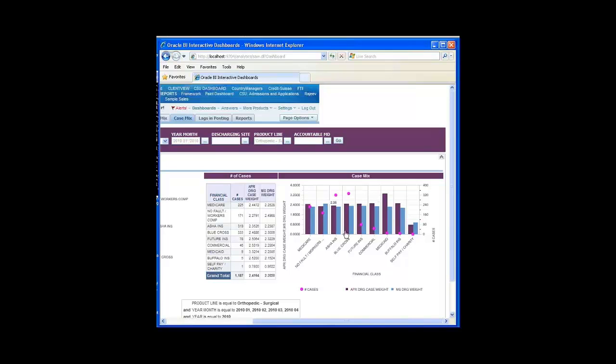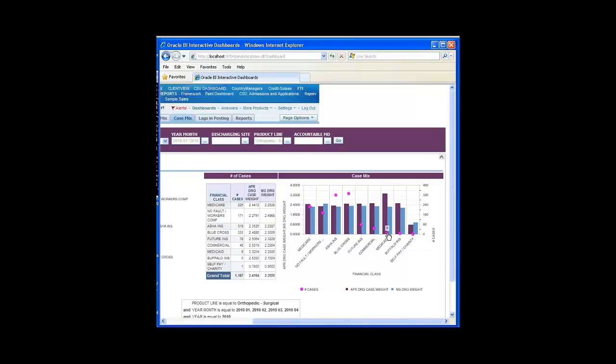And then a graph by individual payer of the number of cases, which is represented by the pink dot here, and graphed on the right-hand side relative to the case weight. And so the purple is the DRG case weight, the blue is the MS DRG case weight. And so I can see on a Medicaid side, for instance, it's readily apparent that I have a higher case weight, and if you recall from the prior dashboard page, I have a higher reimbursement for these cases.